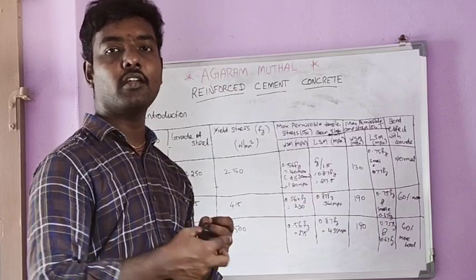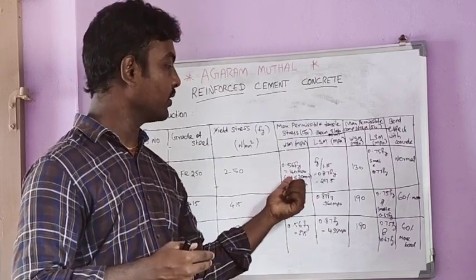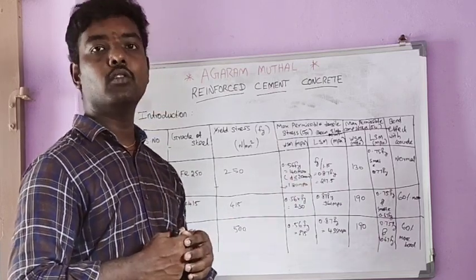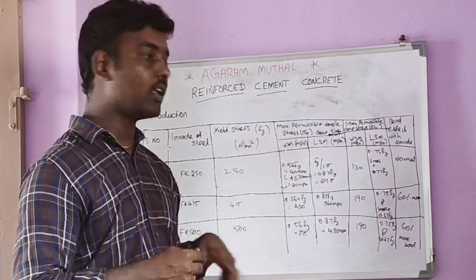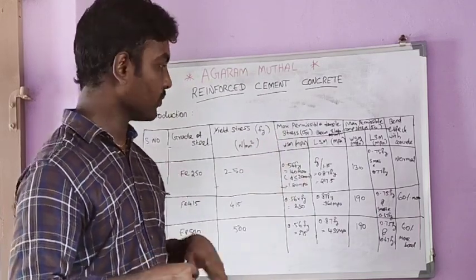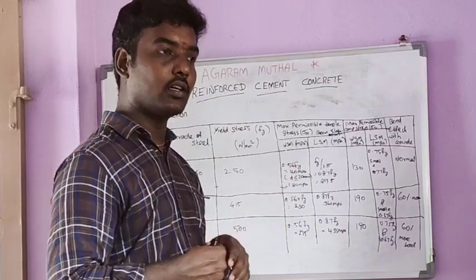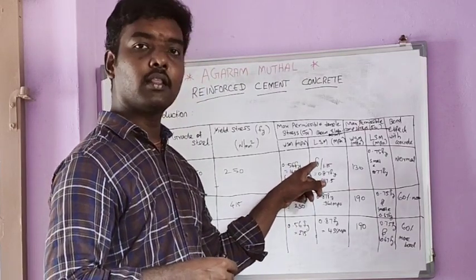In mass reinforced structures, the reinforcement is more than 20 mm. In those places the sigma st value is 130 MPa.